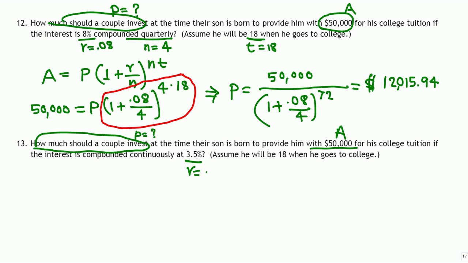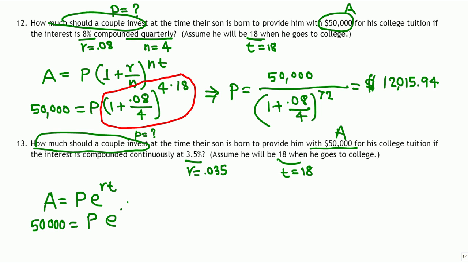Divide 3.5 by 100, we get decimal 0.035, and 18, that's the time. Compounded continuously, so we need to use the following formula: A equals P times e raised to rt, that is, A is 50,000 equals P, which we want to know, times e raised to r, 0.035, times t, 18.